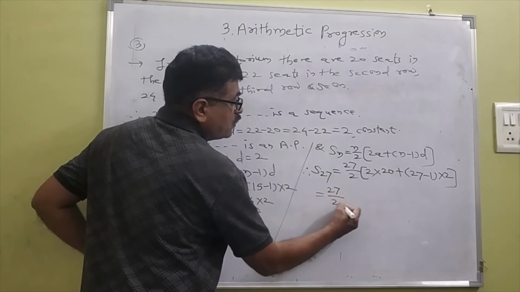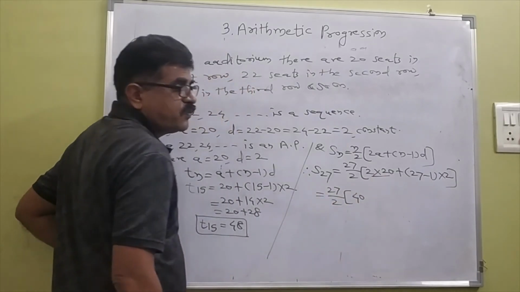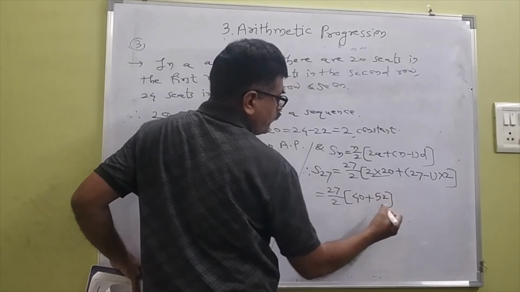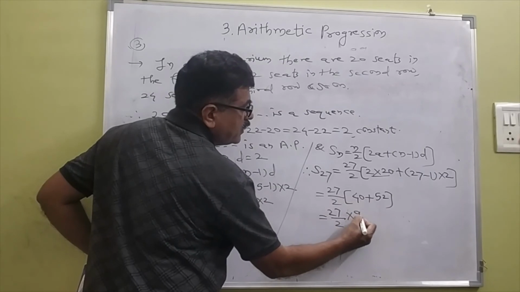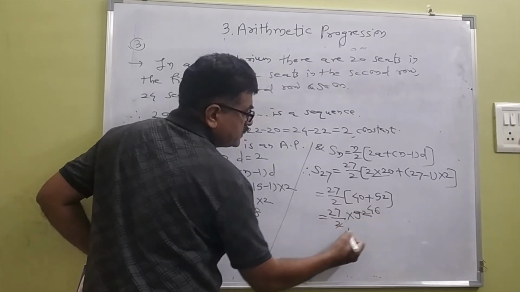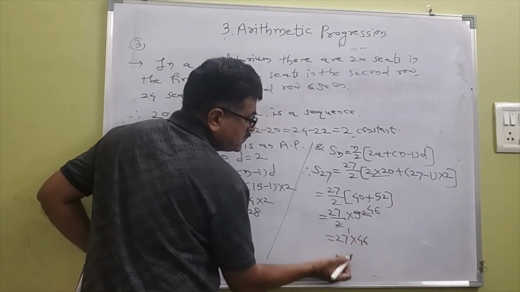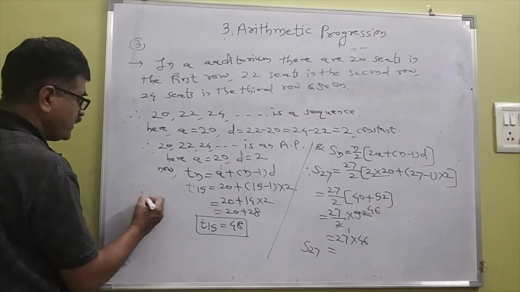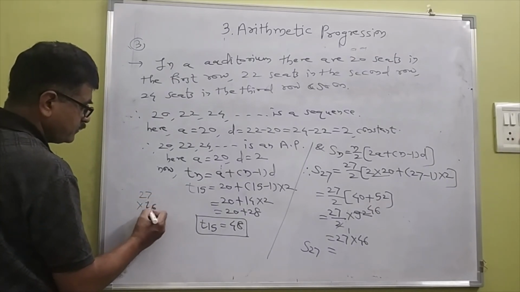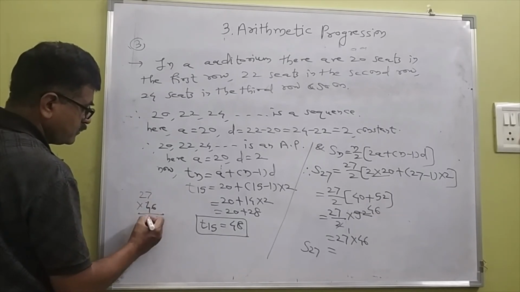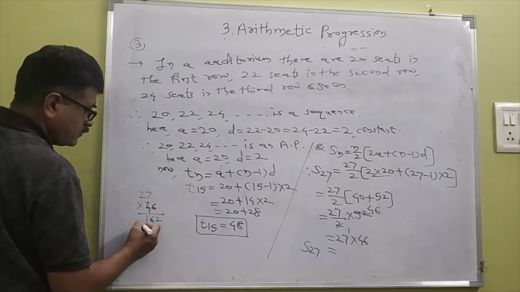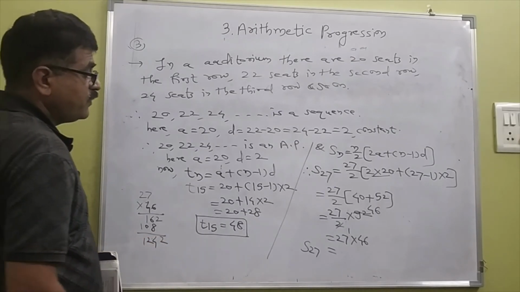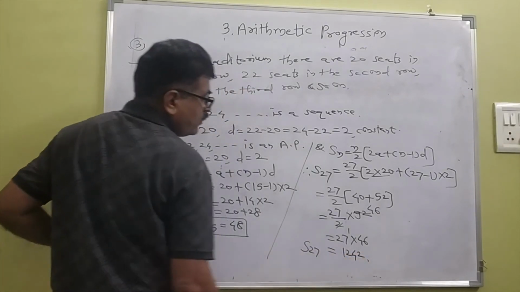That is 27 upon 2 into bracket 40 plus 26 into 2, which is 52. So 27 upon 2 into 92, dividing by 2 gives 46, so 27 into 46. Therefore S27 is equal to 1,242.